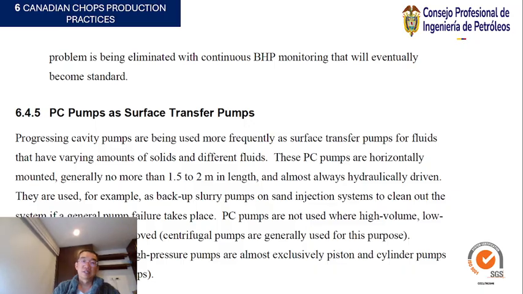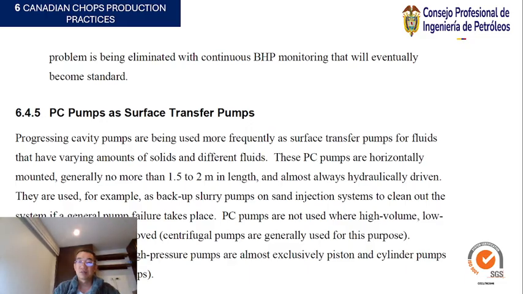PC pump as surface transfer pump. Progressing cavity pumps are being used more frequently as surface transfer pumps for fluids that have varying amounts of solids and different fluids.